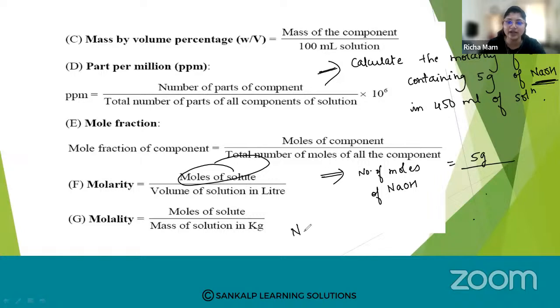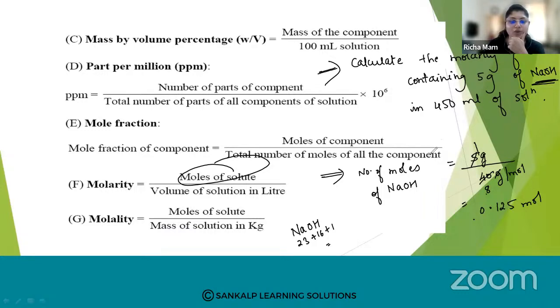NaOH is 23 plus 16 plus 1, which comes to 40, so 40 gram per mole. So 5 by 40, that is 1 divided by 8, which comes to 0.125 mole. Grams get cancelled. Yes, Yamuna has answered it right. So it is 0.125.